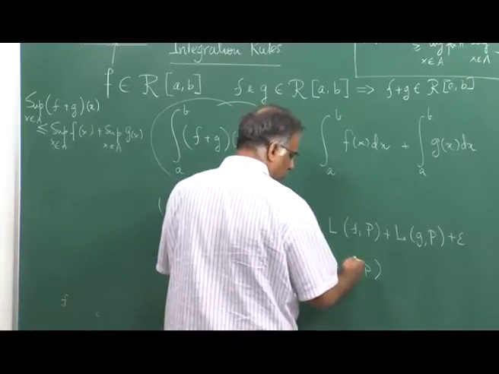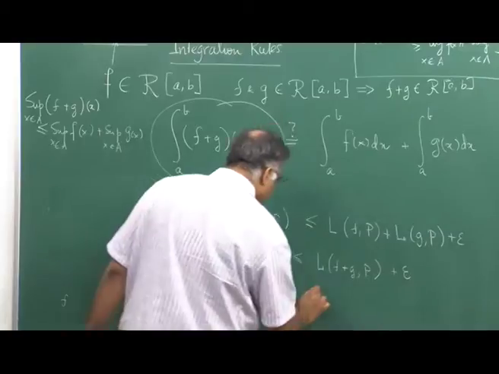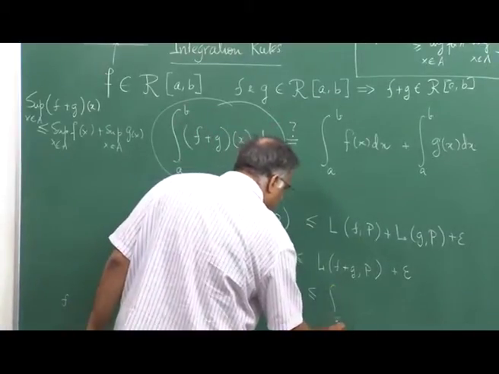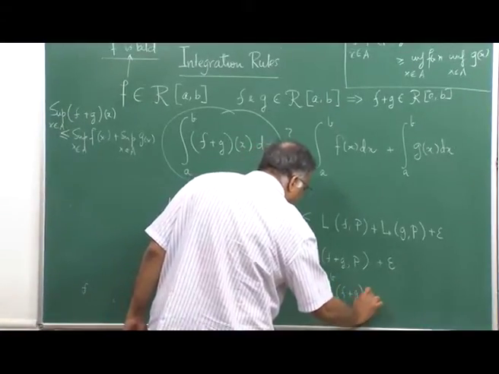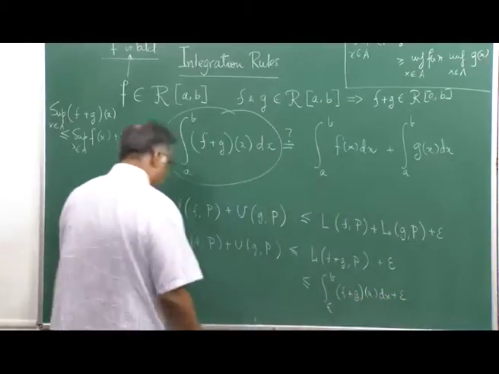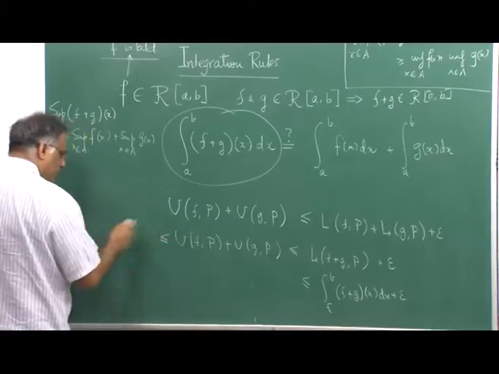So, the integral is the supremum of the lower bound, plus epsilon. So, what is this? This is less than the integral of a to b of f plus g x dx plus epsilon. And what do I have here? Each one of these is bigger than its respective integral.